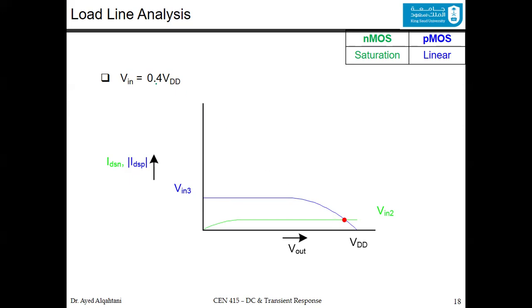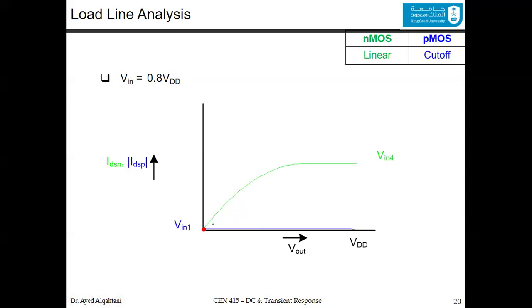Increasing again the VIN to 60%. So now there is a big jump from this region here all the way to this region. Now the intersection point has the PMOS in saturation and the NMOS in the linear region. Increasing a little bit more, 80%.